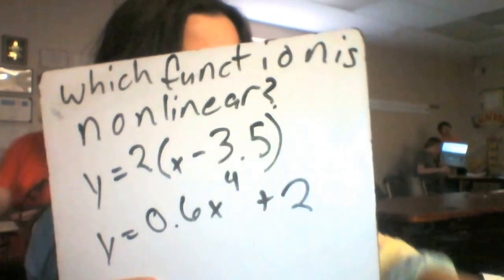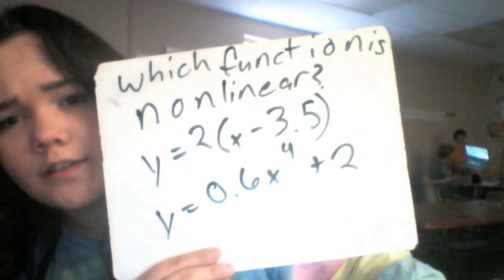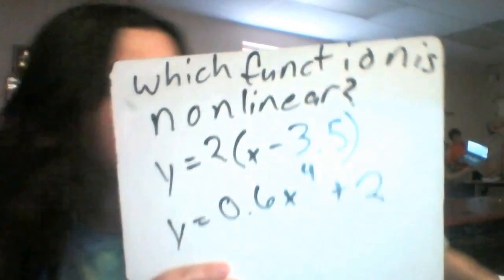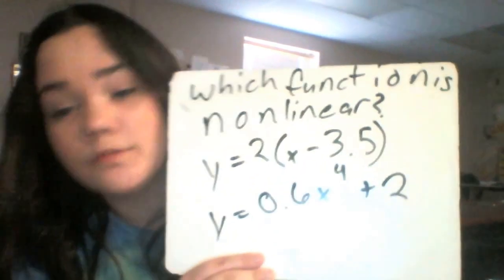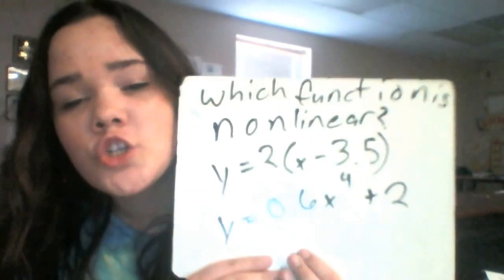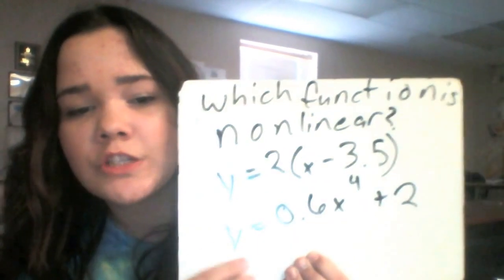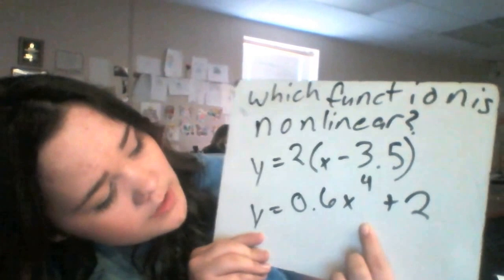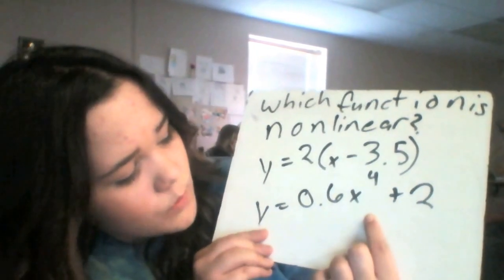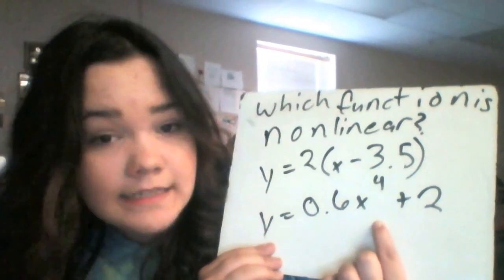Remembering that you need to find the one that is nonlinear, there's an easier way to remember which one's nonlinear, which is the one that has the larger exponent, and that is the bottom one, y equals 0.6x to the fourth power plus 2. So, it's an easy way, that's how I remember it.